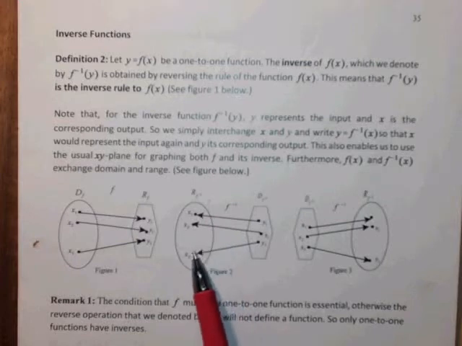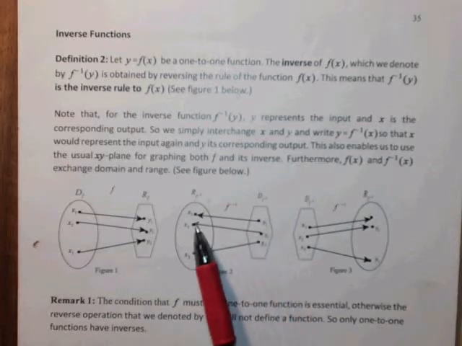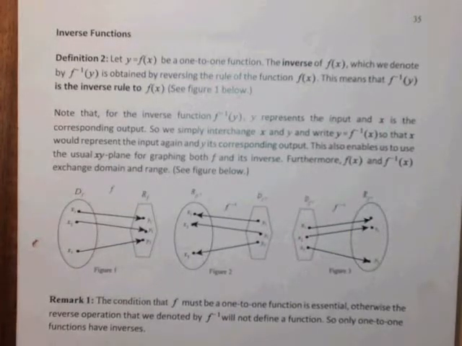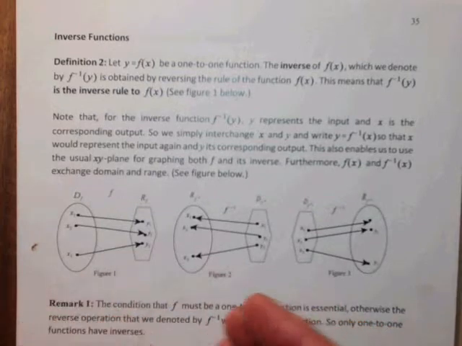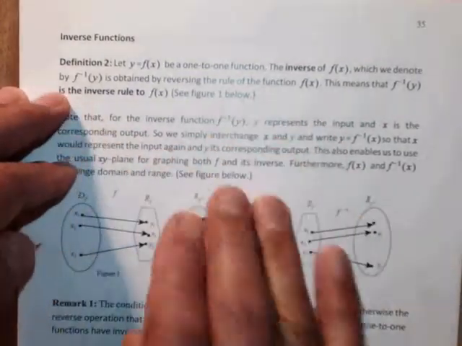Okay. Then we reverse the arrows. Now these y's are the input, and these x's are the output. As I said before, we always want to use the letter x for input. So what we do, we just go ahead and pick this whole picture up and then flip it over. It becomes this one.